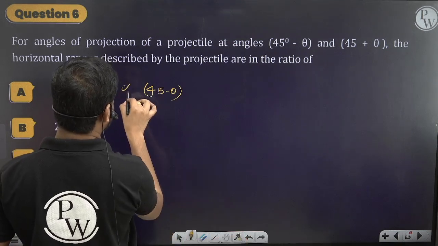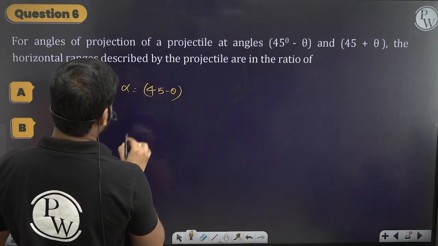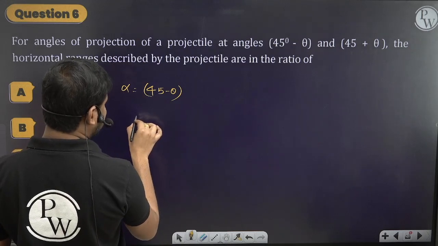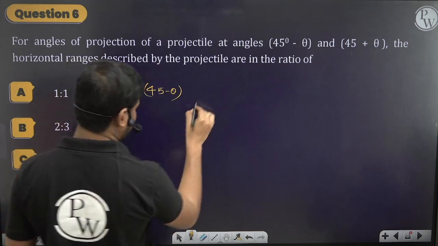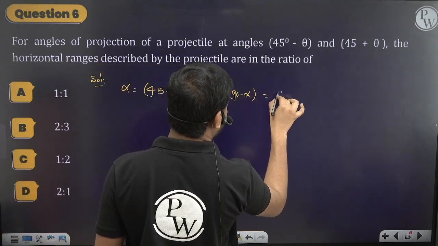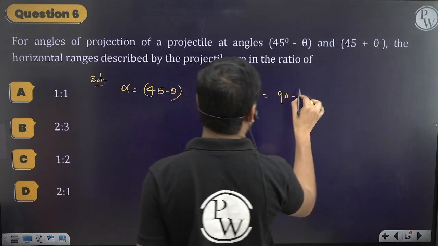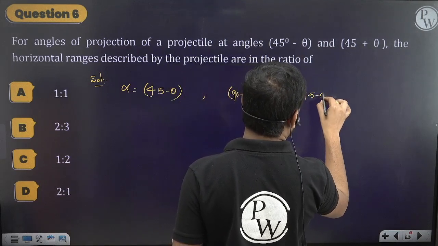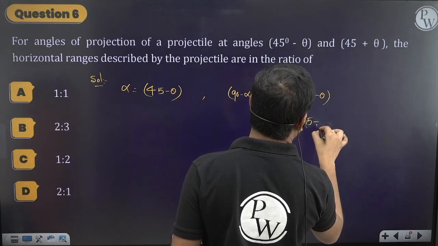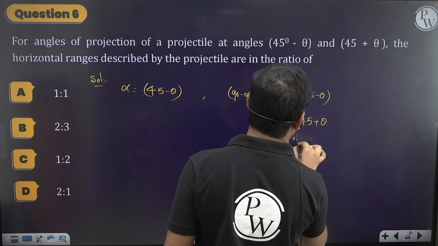Then the other angle is 90 minus alpha. What is 90 minus alpha? It is 90 minus 45 plus theta, which is nothing but 45 plus theta.